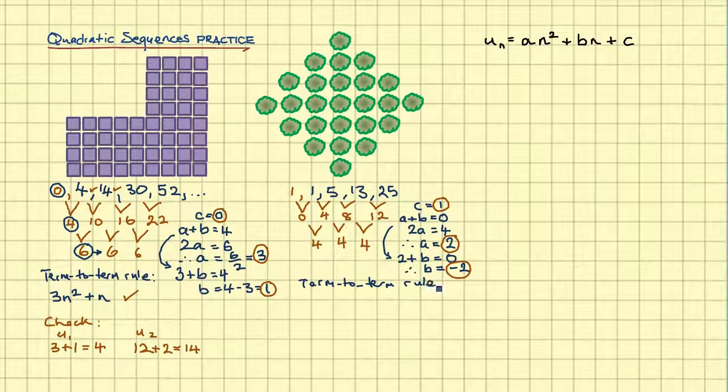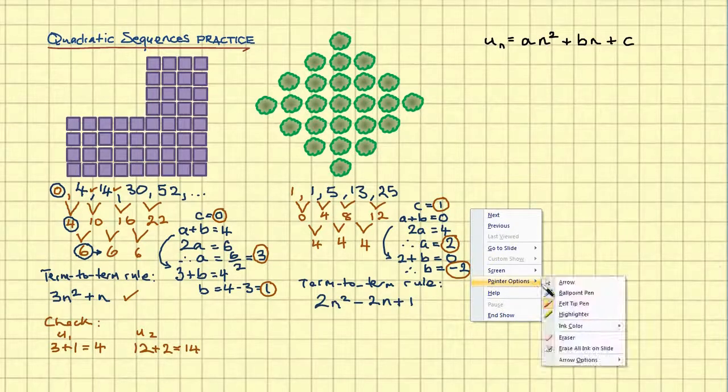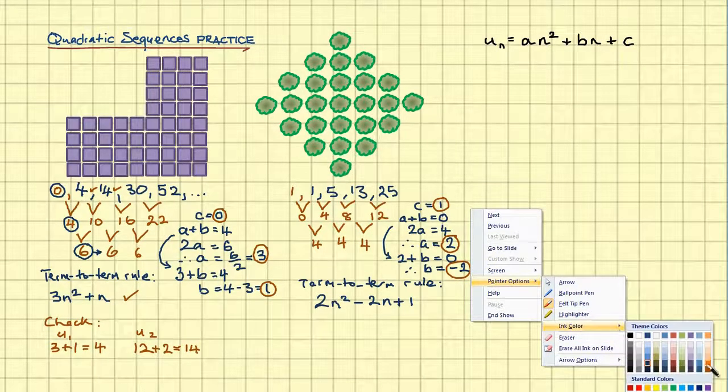So we're ready now to write our term-to-term rule. So the term-to-term rule must be, well, start with a, so a is 2, so 2n squared, plus, or in this case minus 2n, because b is minus 2.